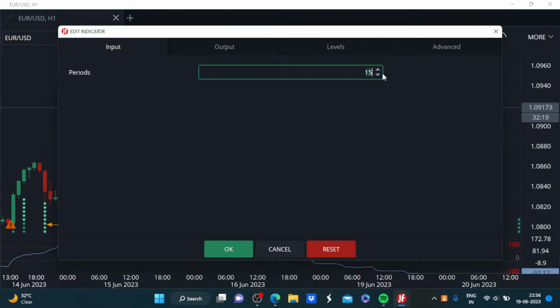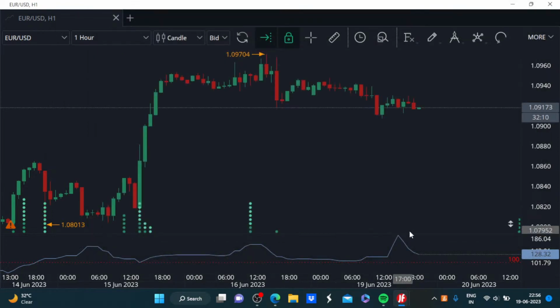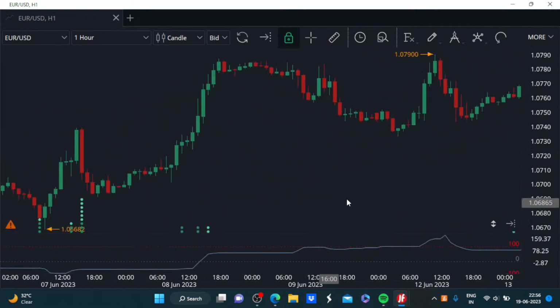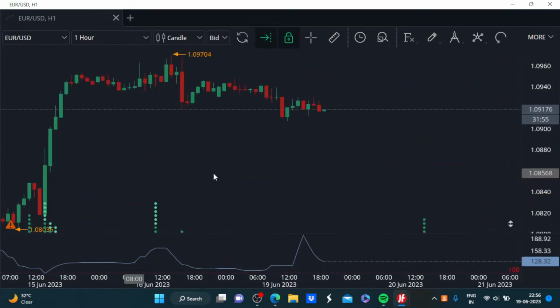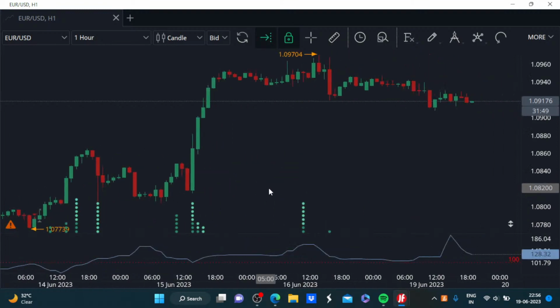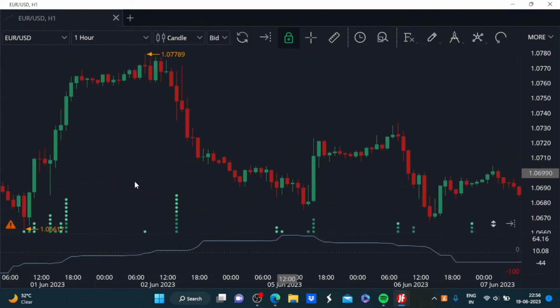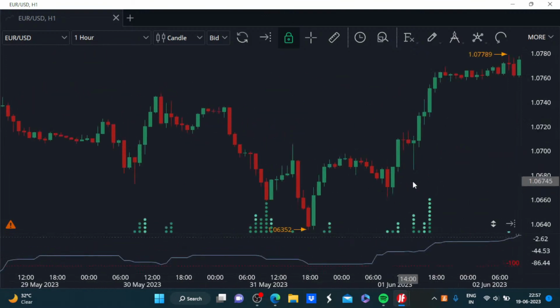For example, if I go for 2 days worth of data, that is 48 candles of 1 hour each, we will see that these extreme values are reached less frequently, and only when we see a strong trend developing on either side will the output change the course of action from one side to another, or else it will continue on the same side, as is the case with Euro USD for the last couple of sessions, where it has continued to gain ground after stabilizing around the levels of 1.065.